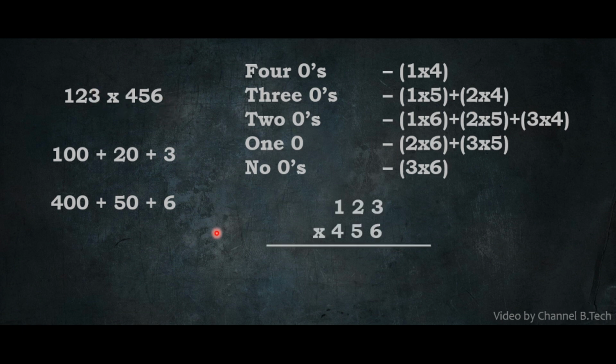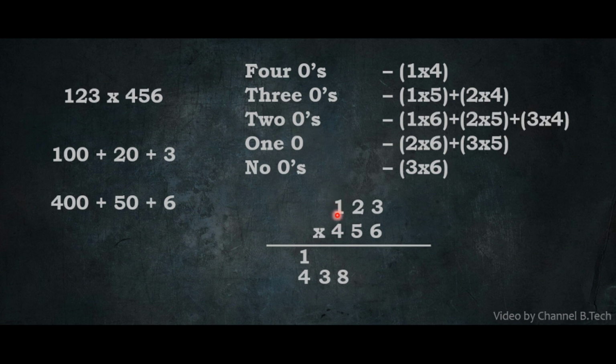Now basically what happens here is 1 into 4 we multiply, we write 4. 1 into 5 plus 4 into 2. 5 plus 8 is 13. We write 3 and 1 is the carryover for the previous number. Next, to get the two zeros, 1 into 6 plus 2 into 5 plus 3 into 4. 6 plus 10 plus 12 is 28.